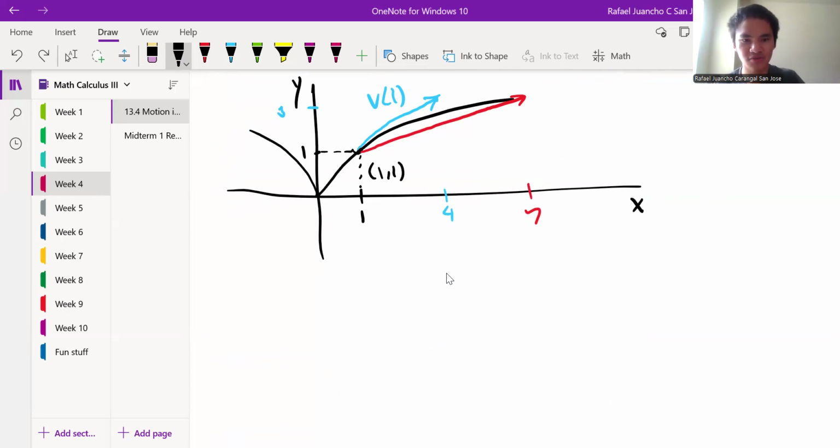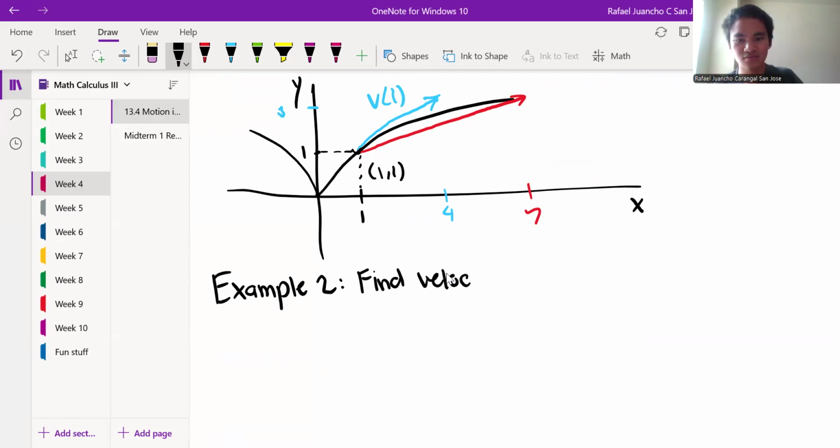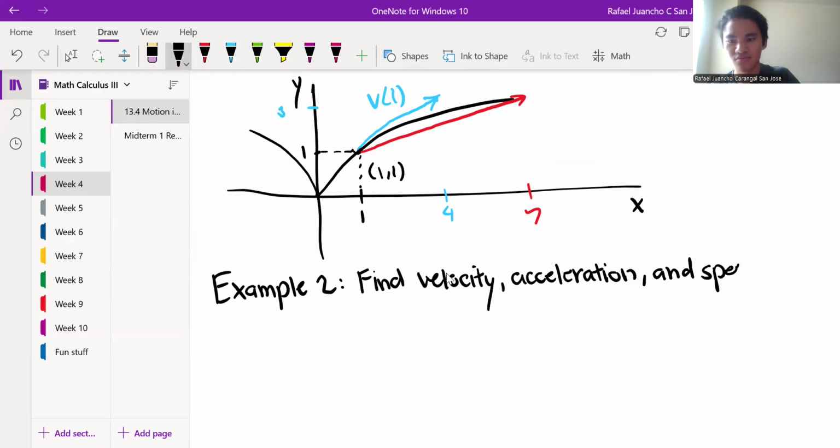Now in example 2, we're going to go 3D. So let's do 3D here. We're again being asked to find the velocity, the acceleration, and speed of a particle.